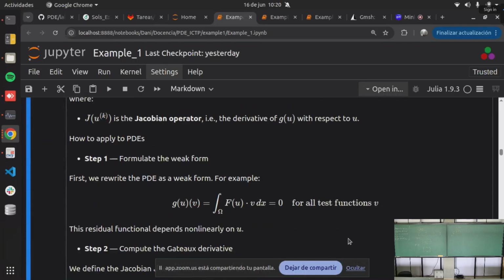And step one is to formulate the weak equation. I know that you did that for the case of the Laplacian. So it's the same idea. We use the weak form of the equation.